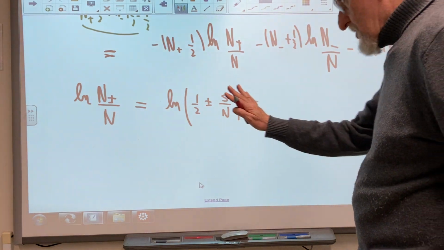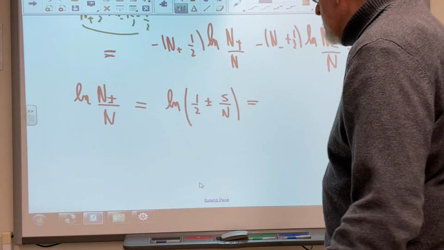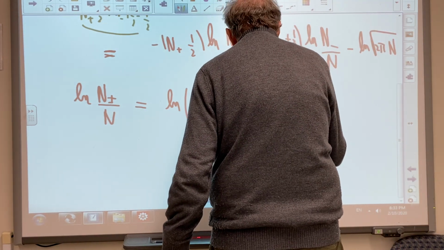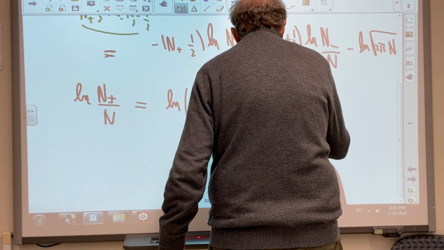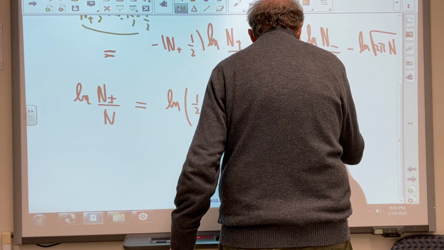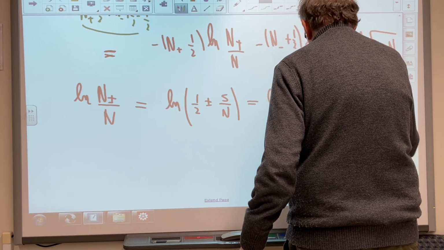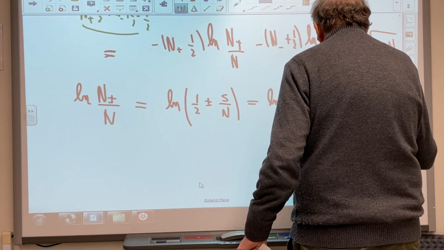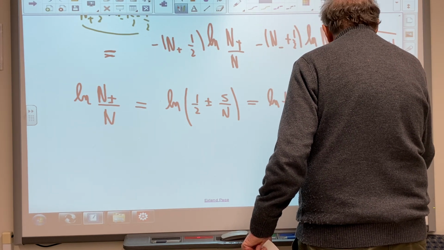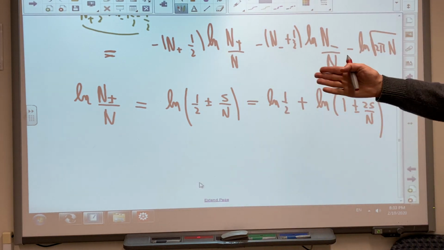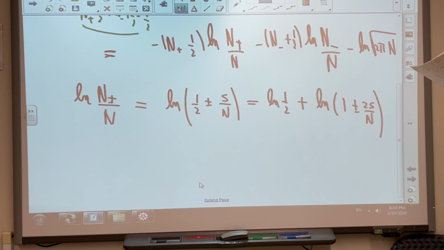So no approximation, okay? I just replace n plus by the definition. I will take the common factor 1/2. This is logarithm of 1/2 plus the logarithm of 1 plus or minus 2s over n. I took a common factor 1/2. Am I correct? Yes.